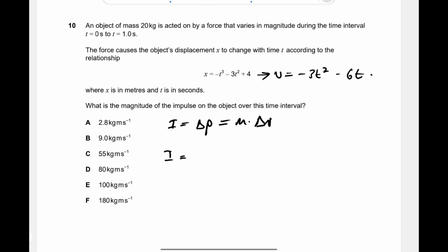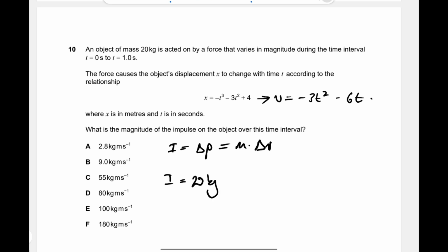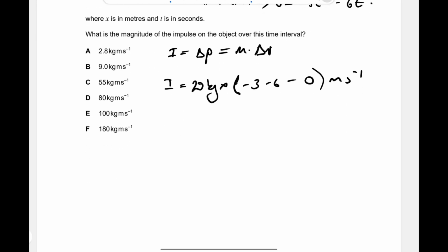So the impulse is going to be the mass, 20 kg, times the change in velocity, which ends at t equals 1. It's going to be minus 3 minus 6. And it starts at t equals 0. So the velocity is going to start off at 0. And that's in meters per second. So what we get is minus 180 kilogram meters per second. So that's the magnitude, 180.